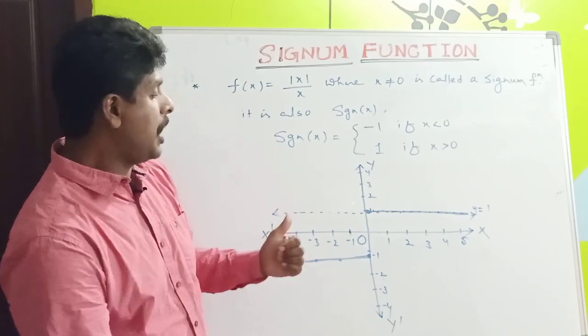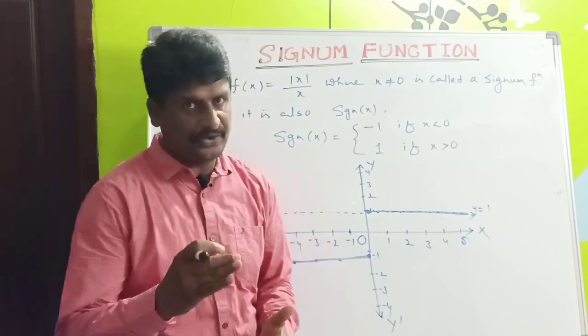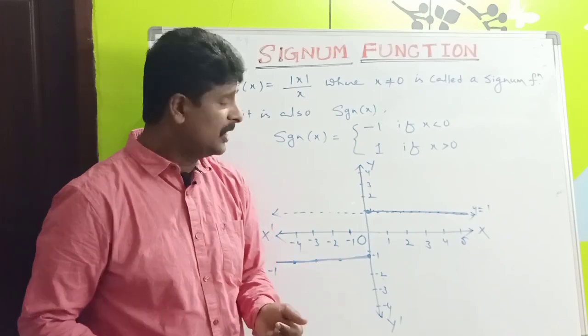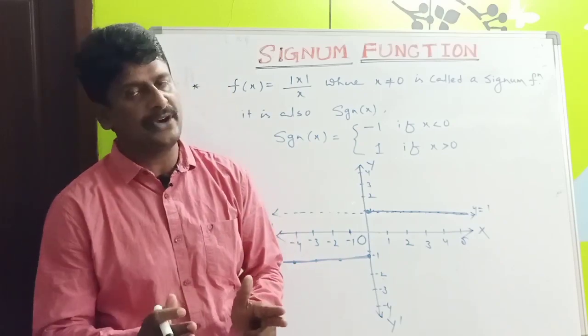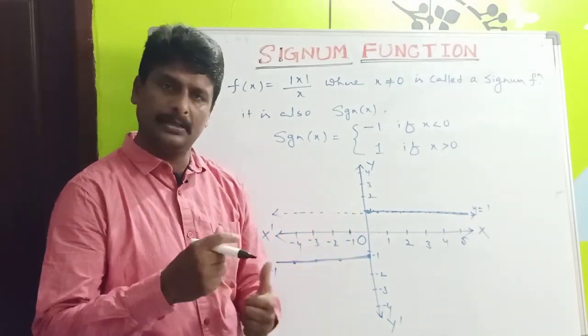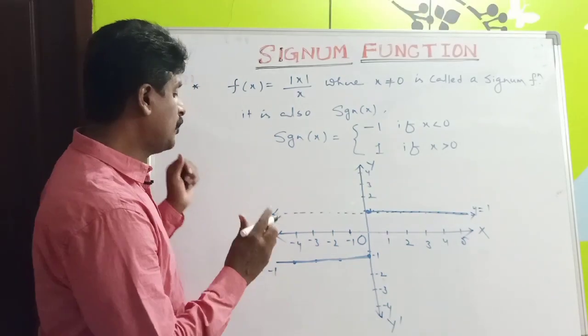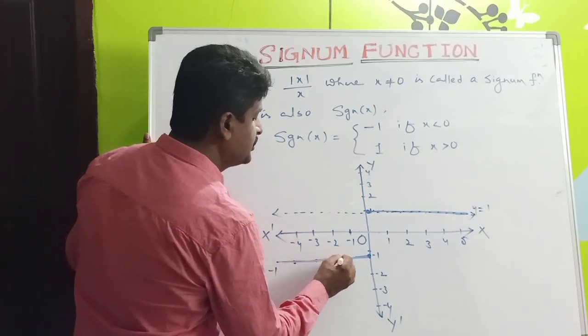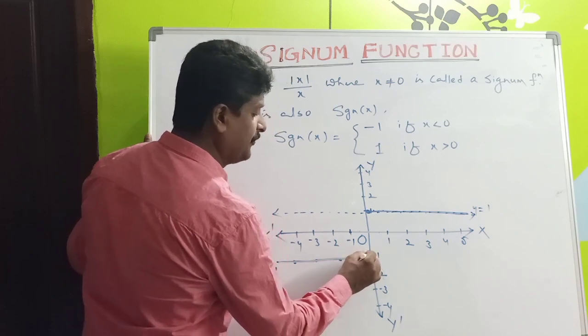Continuity nature. How to check whether the graph is continuous or not? If we can draw the graph of a function without lifting the marker from the board, then it is called a continuous function. Of course, we can draw the graph left to right till here without lifting the marker from the board.